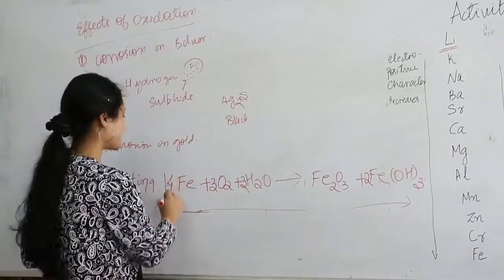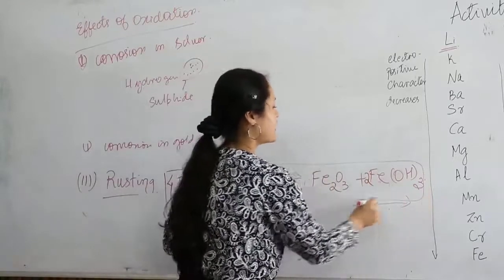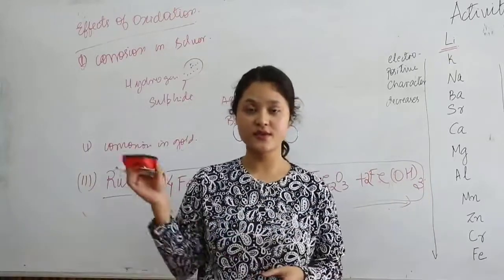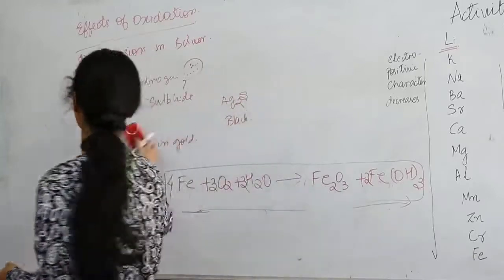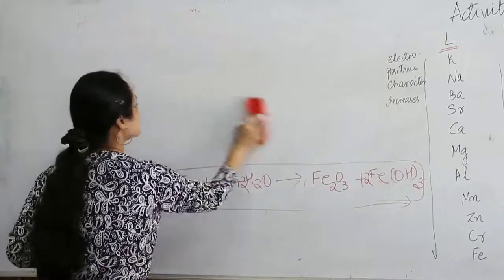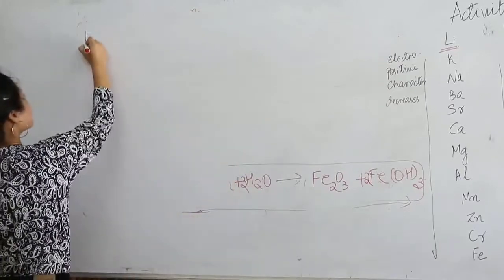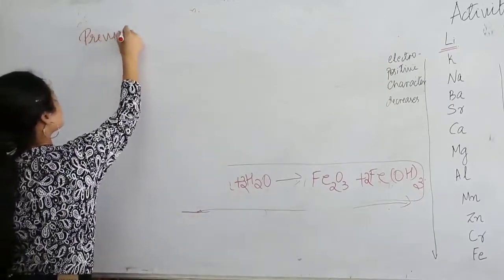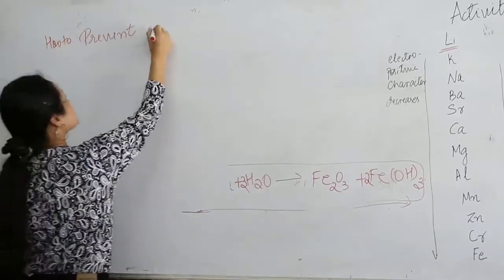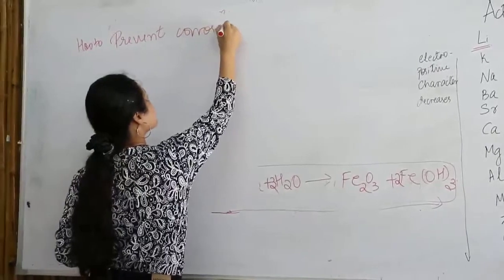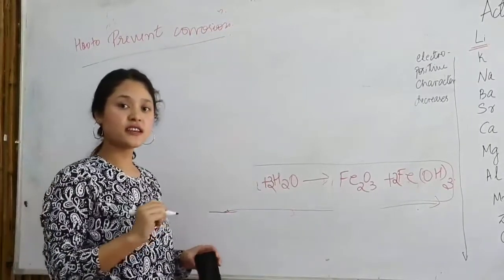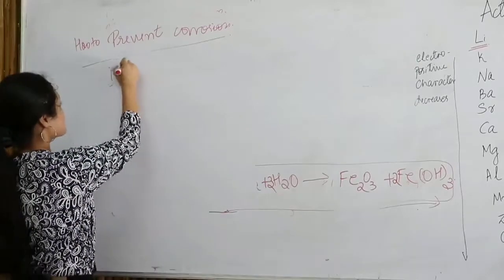Now there must be some solution to prevent this corrosion. There are some solutions. How to prevent corrosion? What you can do is you can just paint.